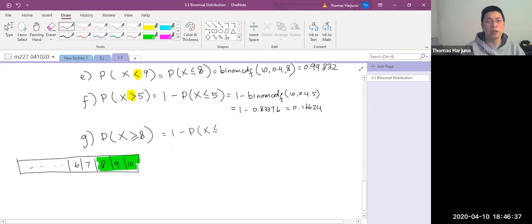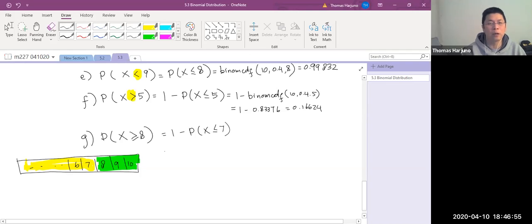Now, you look at this. The complement of 8 or more is 7 or less. So 1 minus probability x is at most 7.